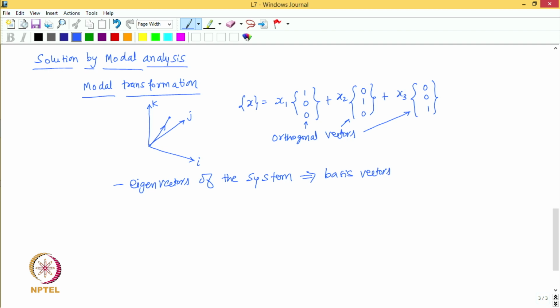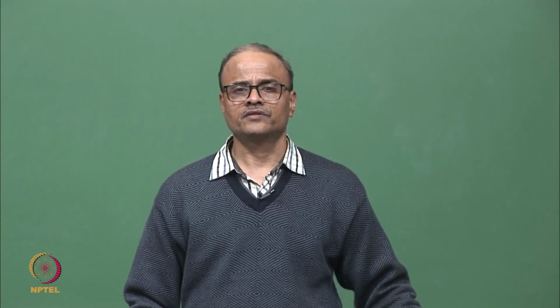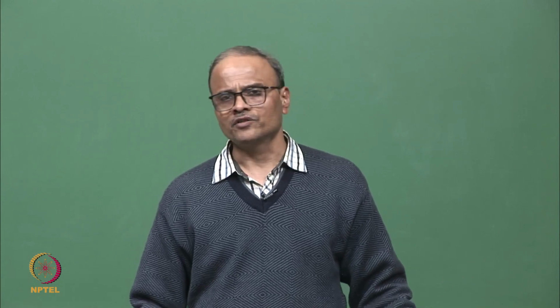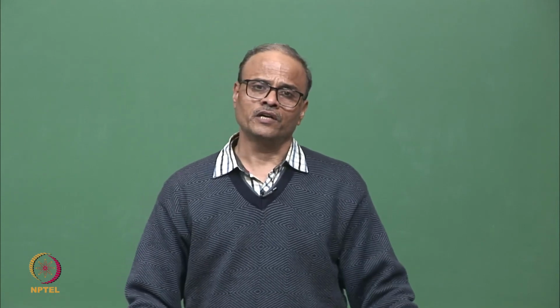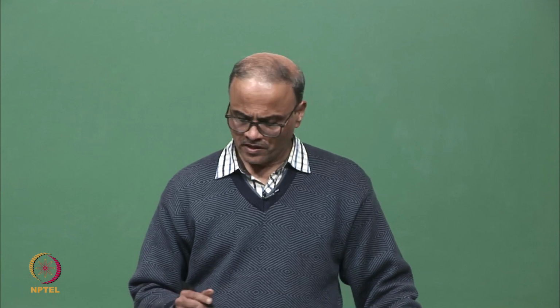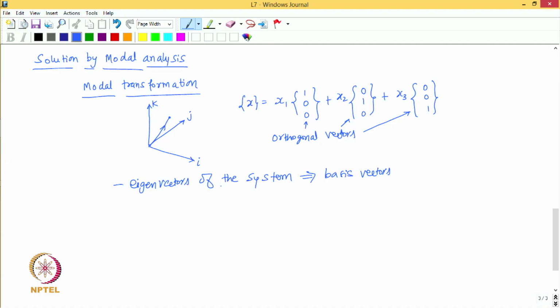And because the eigenvectors are linearly independent, they qualify as an acceptable choice of basis vectors, because the basis vectors are supposed to be linearly independent vectors spanning that space. Therefore, we use the eigenvectors as the basis vectors in modal transformation, and the displacement vector x is obtained as a linear combination of these vectors.